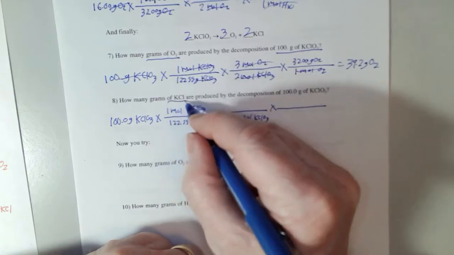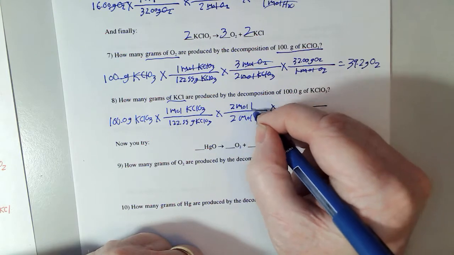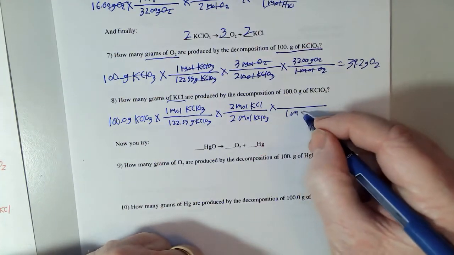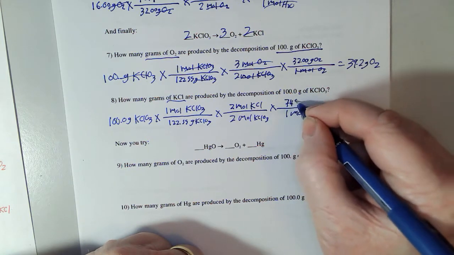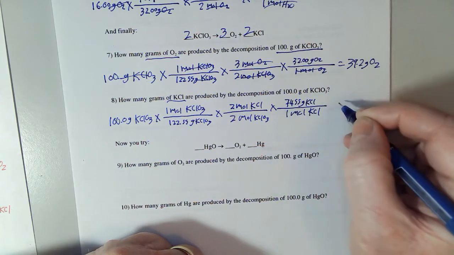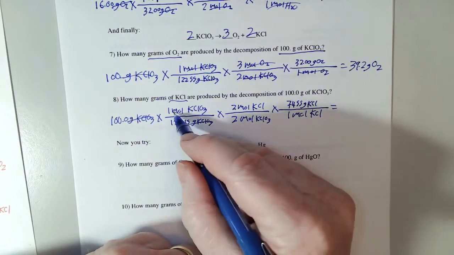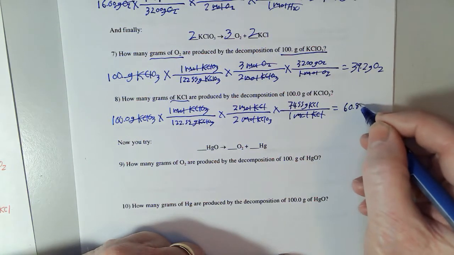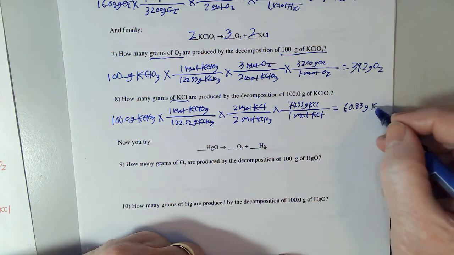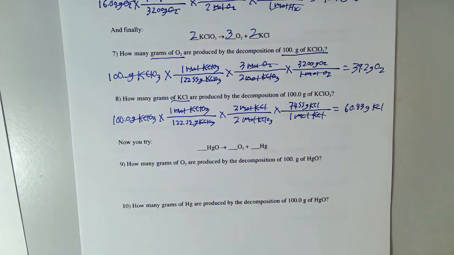Now this time we're looking for KCl, so 2 moles of KCl. 1 mole of KCl has a molar mass of 74.55 grams of KCl equals, this cancels, that cancels, and I get 60.83 grams of KCl. All right, now what I'd like you to do at this point is to actually pause the video and try the next 2 problems on your own. Okay? See how you do with those.